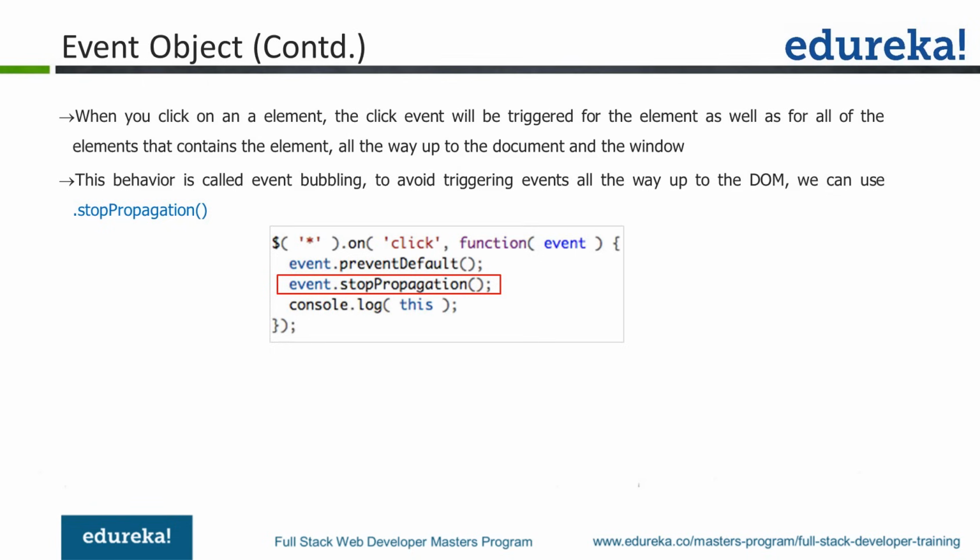Let's suppose instead of the star we have a div element, and the div element has a click event, but subsequently a child div also has a click event, but you don't want the parent div to catch that event because the event bubbles up. So that's where you will use something called stop propagation. Now this is very useful if you're studying something like Angular, and this will really help you over there. So understanding event bubbling is very important.